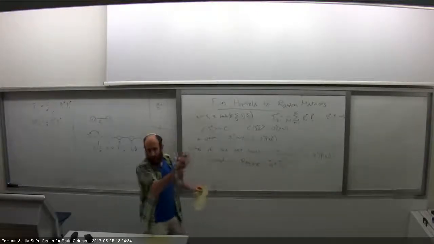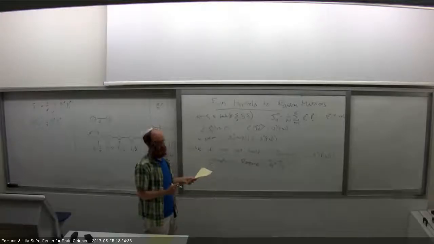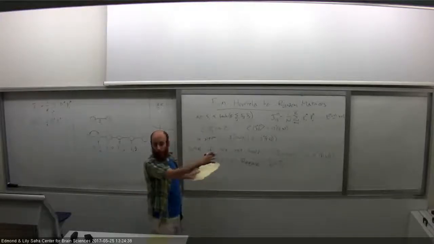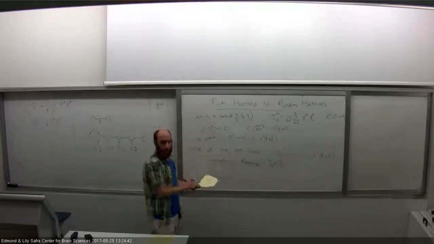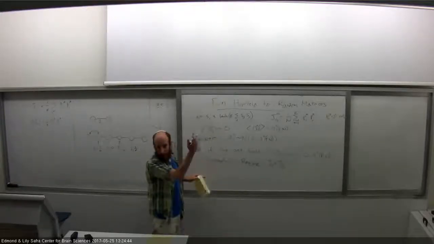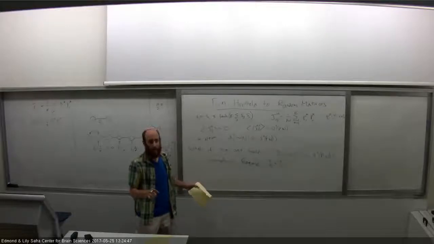Effectively we draw the upper triangle of the matrix from this random distribution, and then set the elements below the diagonal equal to the upper ones. You'll do that in the exercise.